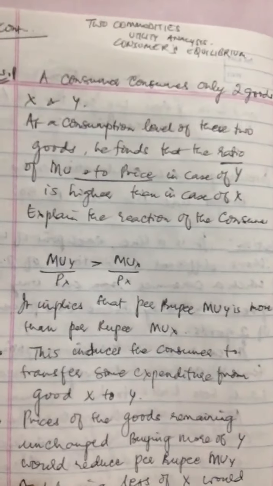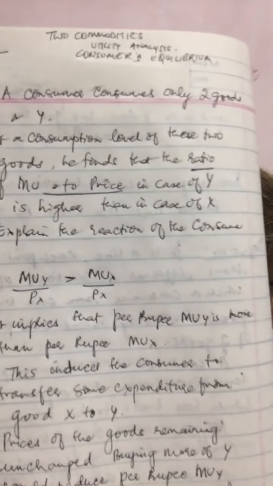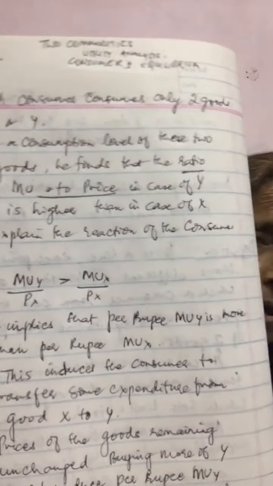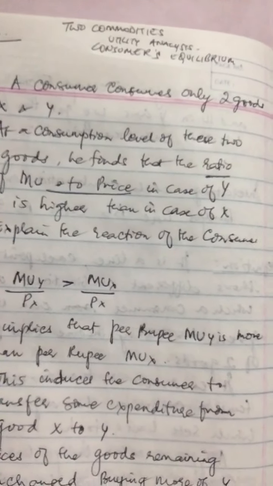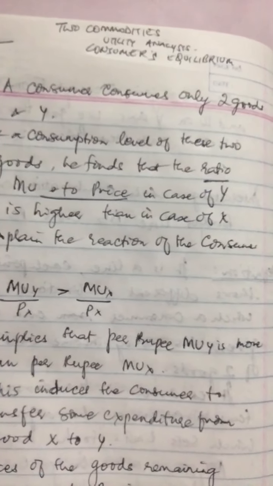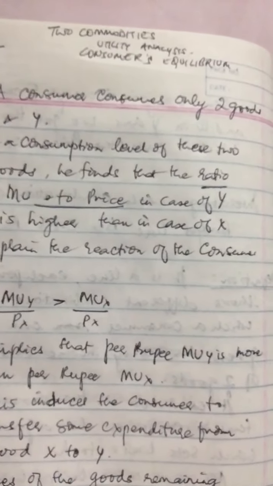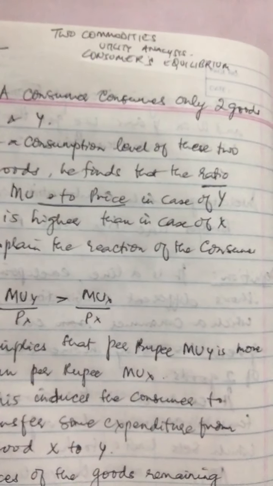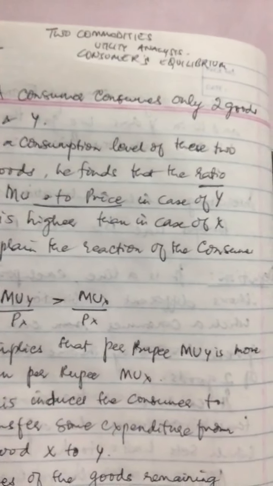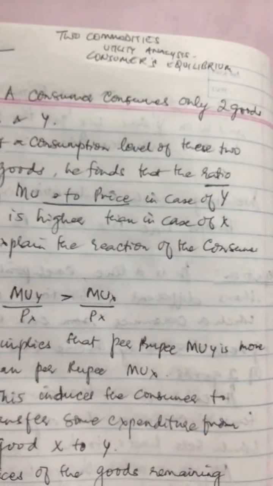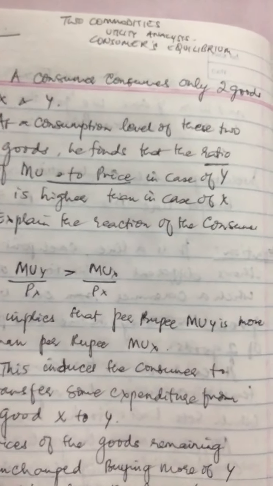There is another question that we can do quickly. A consumer consumes only 2 goods X and Y. At a consumption level of these 2 goods, he finds that the ratio of marginal utility to price in case of Y is higher than in case of X. What will be the reaction of the consumer?